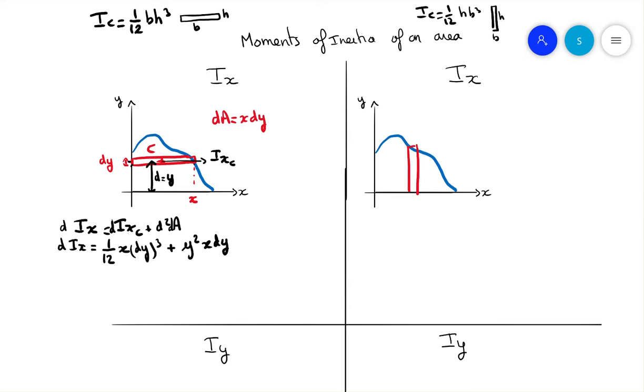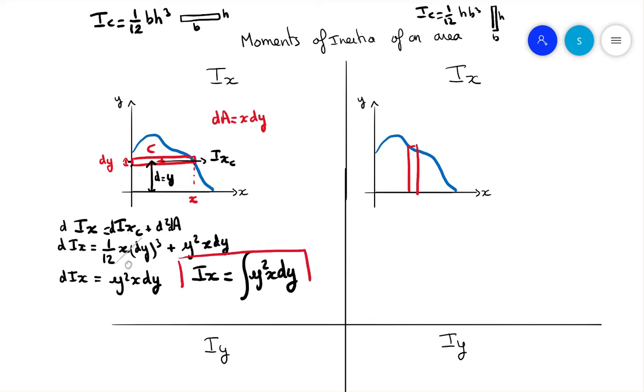So dy cubed is even smaller, so we can assume that this is 0. So at the end, what we have is dIx equal to y squared x dy. So we can write that Ix is equal to the integral of y squared x dy, in the case of using a horizontal stripe.